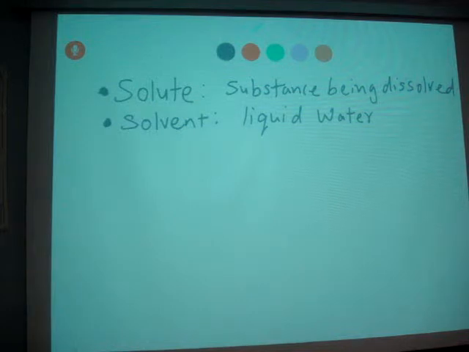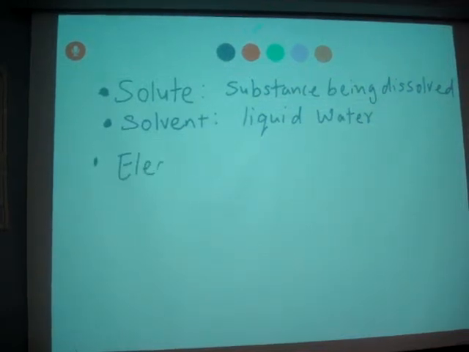Now we are going to define electrolyte. What is an electrolyte?